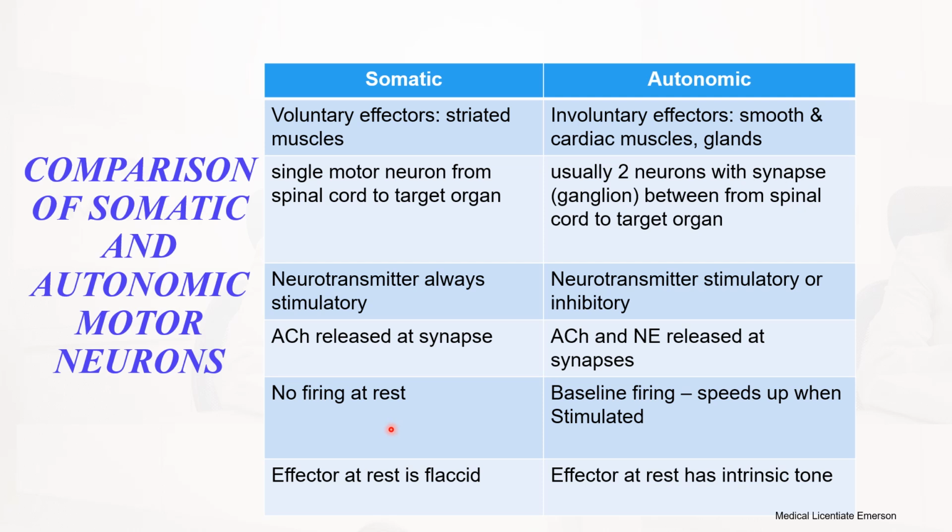Then in the somatic nervous system, there is no firing at rest. In the autonomic, there is a baseline firing which speeds up when stimulated. In the somatic, the effector at rest is flaccid, whilst in the autonomic nervous system, the effector at rest has intrinsic tone. So these are the comparisons of the somatic and the autonomic nervous system.